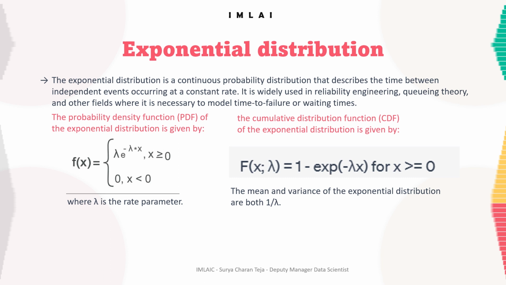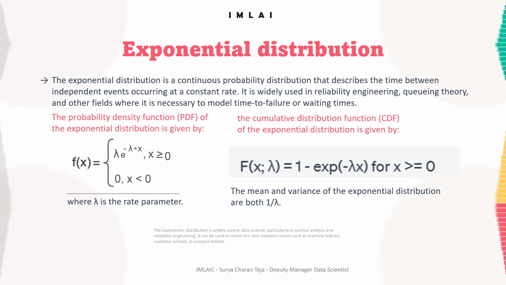The exponential distribution is widely used in data science, particularly in survival analysis and reliability engineering. It can be used to model the time between events such as machine failures, customer arrivals, or product defects.